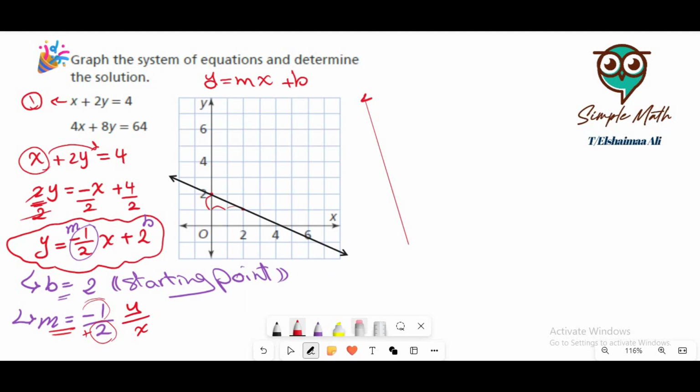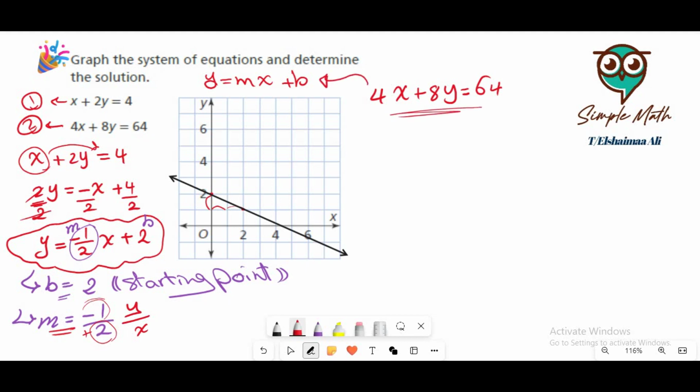We have 4x. Sorry for that. The second equation is 4x plus 8y is equal to 64. So we need to put it in the basic form of the linear equation.